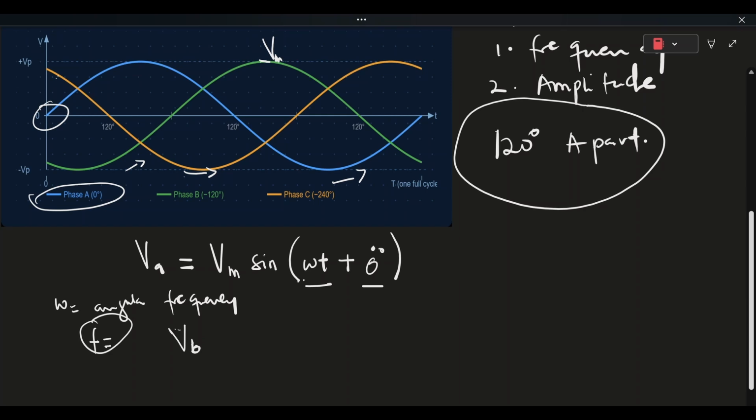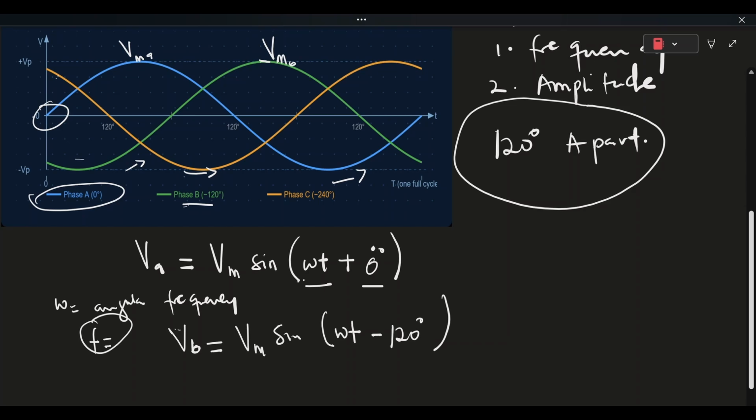Phase A, 0 degrees. Then the voltage of phase B will be equal to Vm, which is the maximum voltage of phase B. So this was phase A, then this is phase B. The maximum voltage of phase B is Vm sine of open bracket omega t, then minus an angle of 120 degrees.